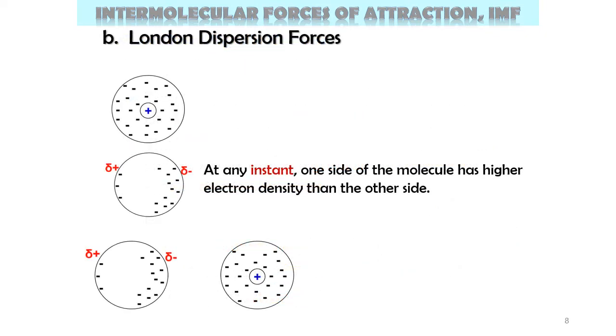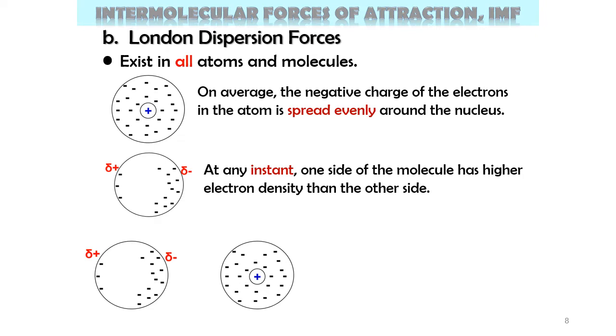Next, we will look at London dispersion forces. London dispersion forces exist in all atoms and molecules. So on the average, the negative charge of the electrons in an atom will spread evenly around the nucleus. So the nucleus is in the middle. So all the negative charge will be spreading around the nucleus.